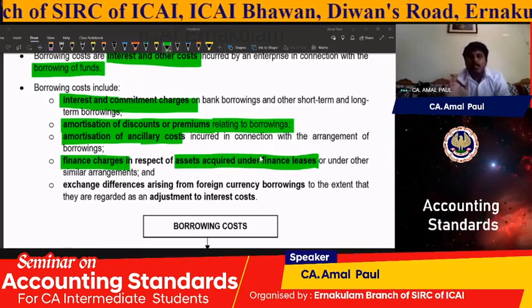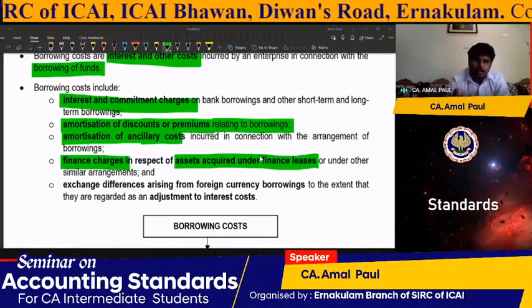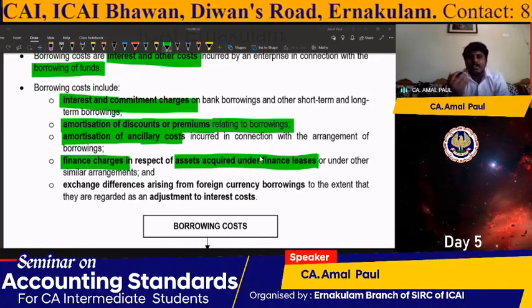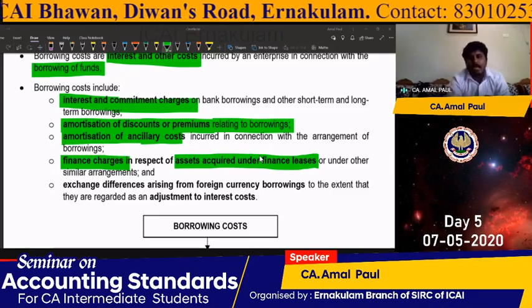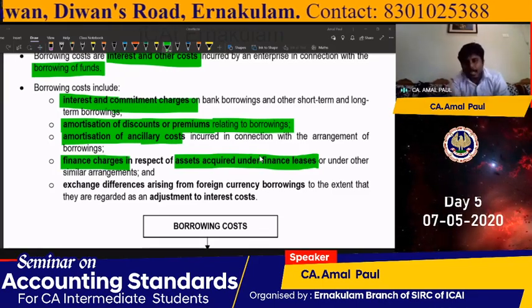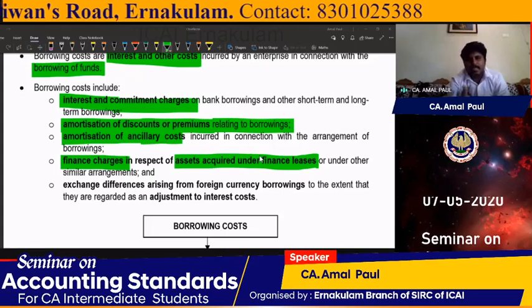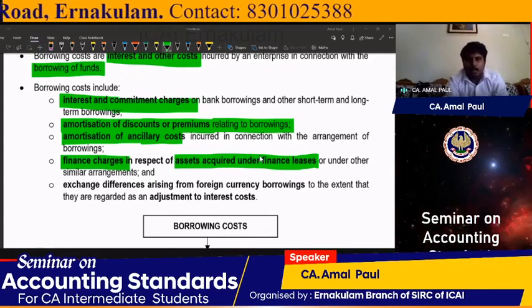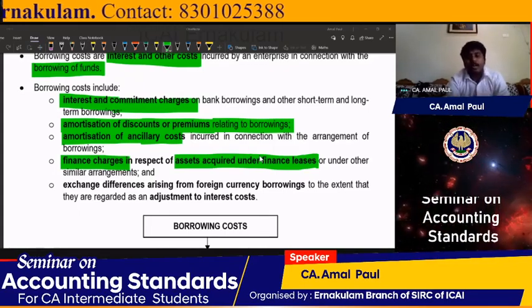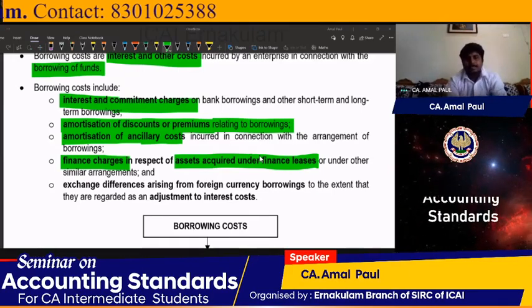Similar to that, when it comes to finance lease also, you will consider that as your asset and create a liability. And on that liability, you will provide interest. That component will also form part of your borrowing cost. That's it when it comes to leases.